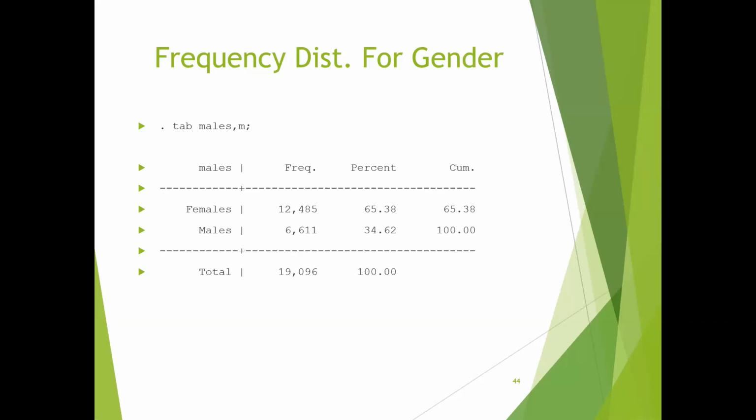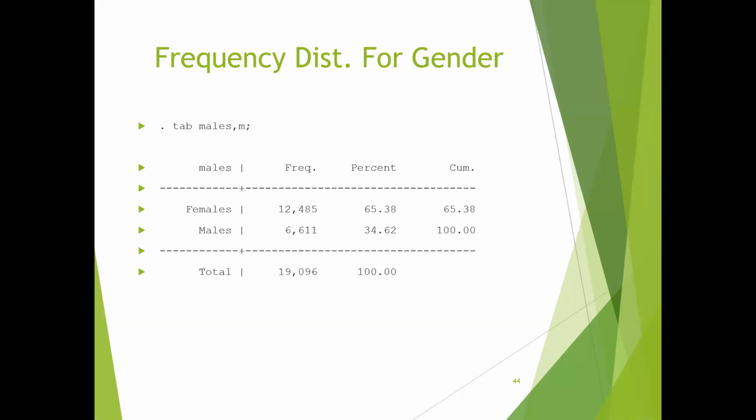Can somebody interpret this distribution for me? The young woman in the red, who's peering at the notes so carefully. Yes, you. Can you describe the distribution of gender? So out of 19,000, 6,600 males.